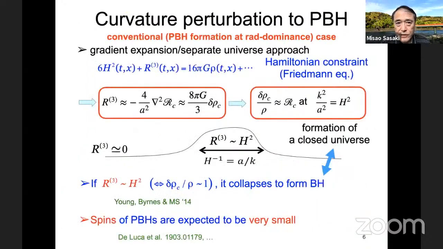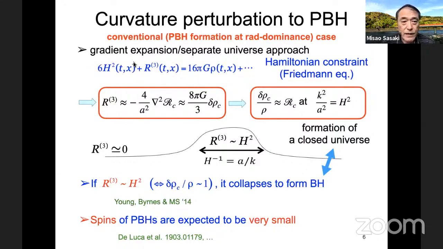In this sense, black hole formation is better understood if you consider it as a formation of a closed universe in our universe. The point is that on scales much greater than the horizon, you can write down the local Friedmann equation, which is essentially the Hamiltonian constraint, the 00 component of the Einstein equation.